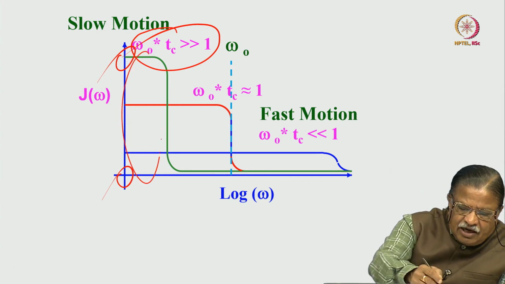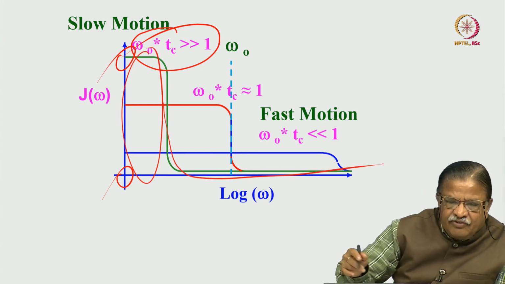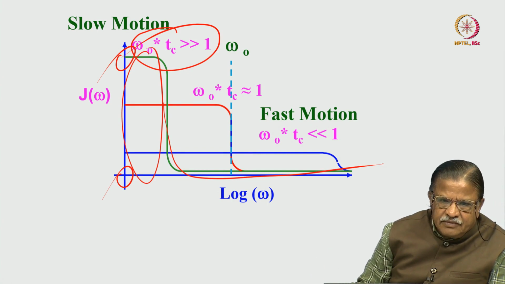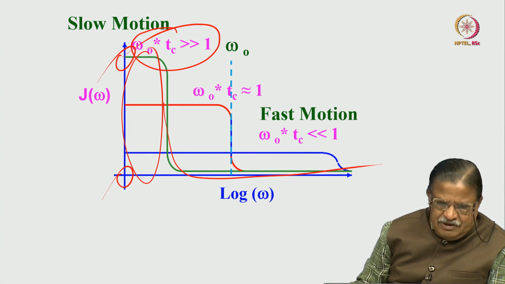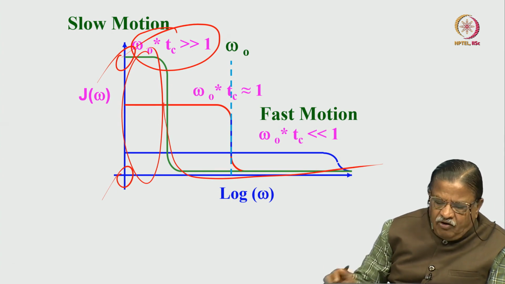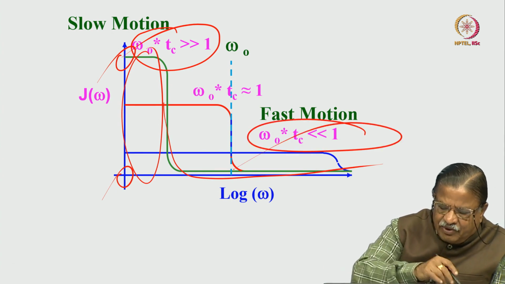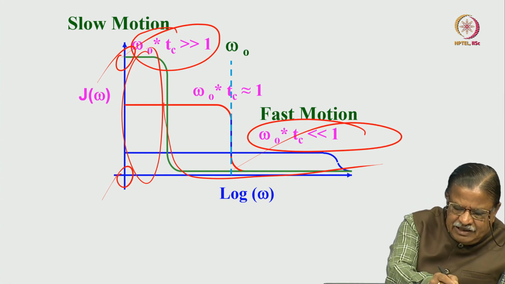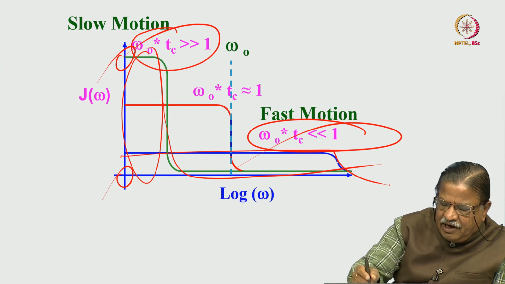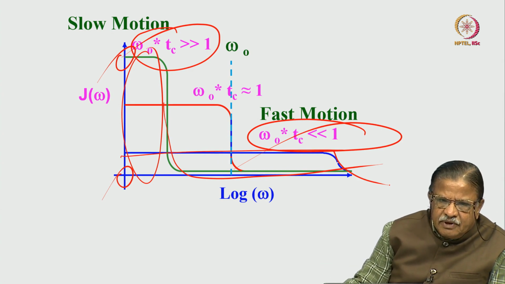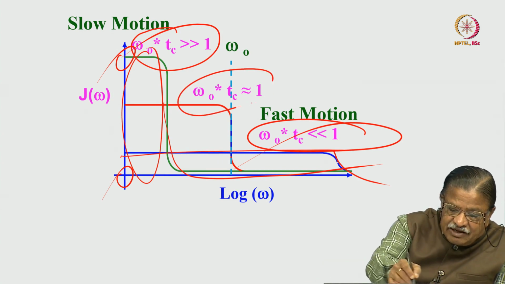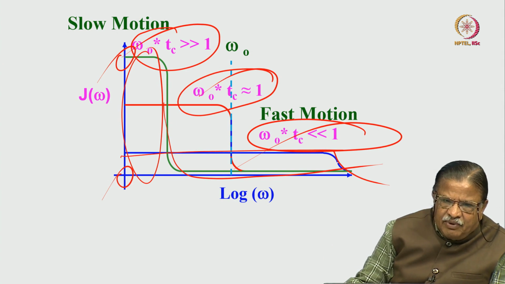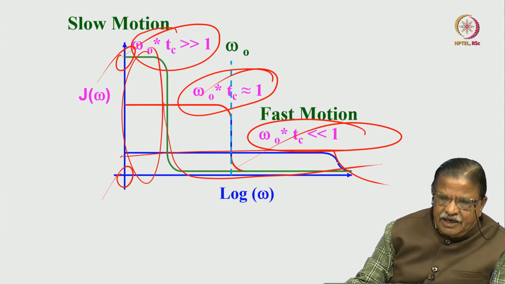It has a large value here and then drops off very fast. For small molecules with fast motion, omega naught tau c is very much smaller than 1. In that case there is a spread like this, and the dropping off is very slow. In the intermediate situation, omega naught tau c is approximately equal to 1, and this is the graph you get.